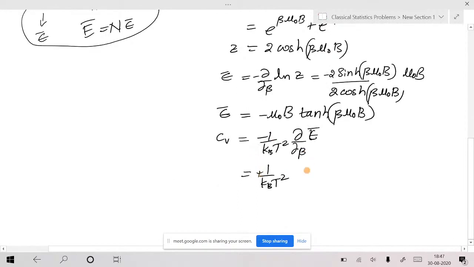I think one more mu naught, again a minus sign will come here, that's why mu naught B. What is the tanh derivative? Sech square beta mu naught B into mu naught B. Am I right? Is anything wrong here?